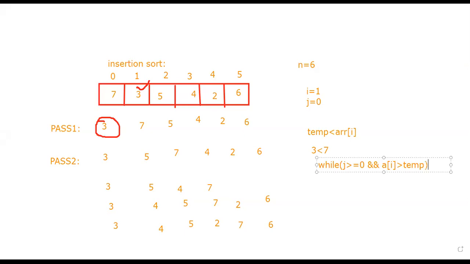This one is also correct. So what is the value of A of I? 7. 7 is greater than 3. Temp value is 3. Here also the same. So 7 is greater than 3.